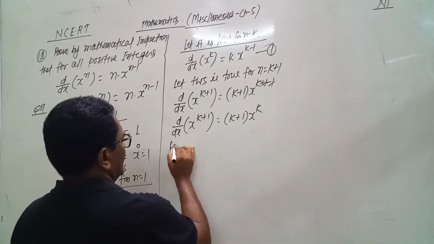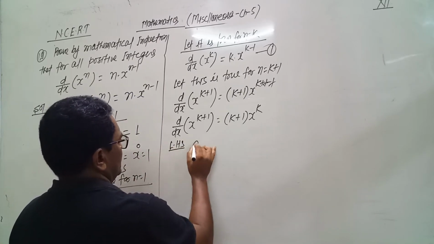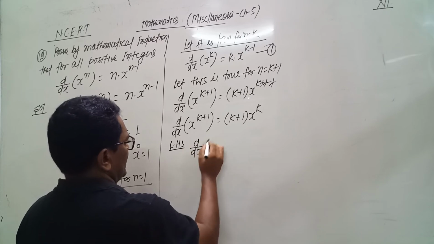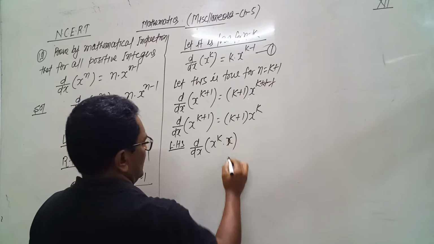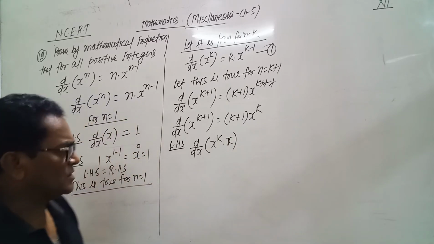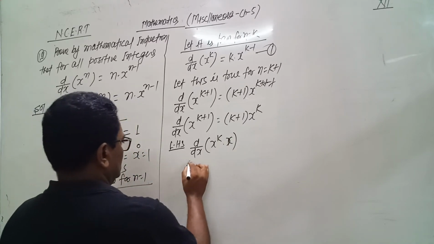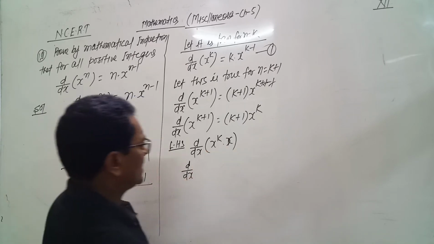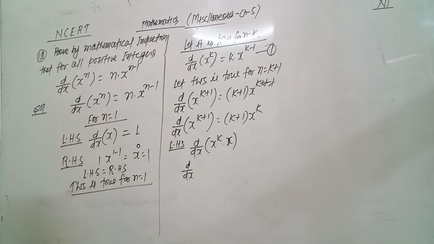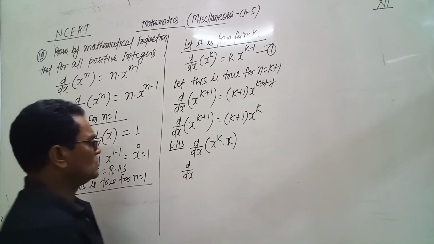So LHS, d by dx of x raised to the power k plus 1, is written as x raised to the power k into x. So d by dx of x raised to the power k into x. We will differentiate in the form u into v.